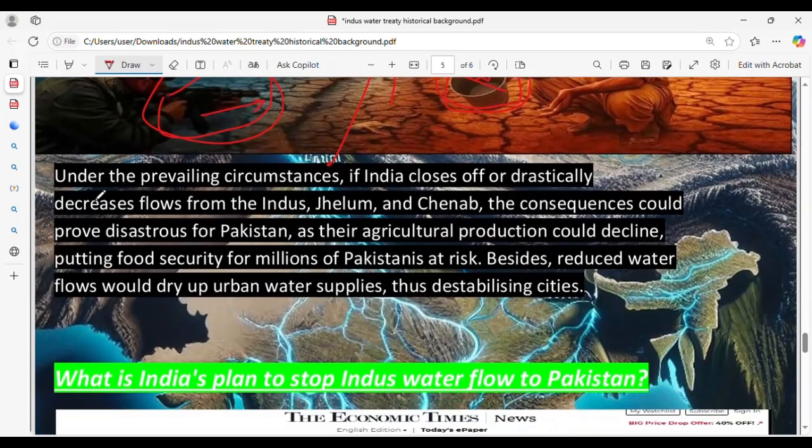Under the prevailing circumstances, if India closes all or drastically decreases the flow of Indus, Jhelum and Chenab, even if it drastically decreases the flow, the consequences could prove disastrous for Pakistan. This is a very strong word, disastrous for Pakistan, as their agricultural production could decline. Already their agricultural production is on decline.